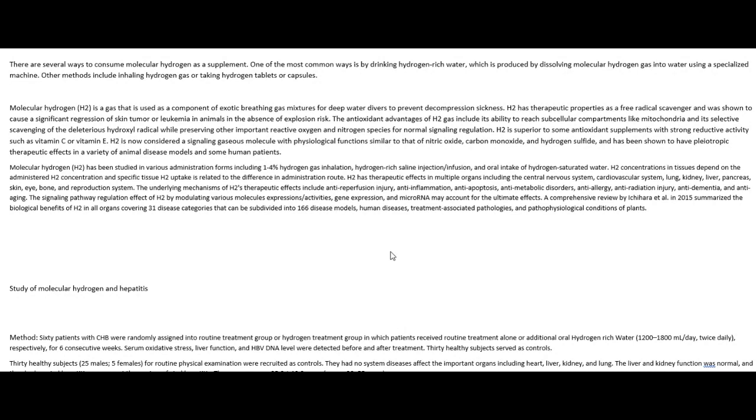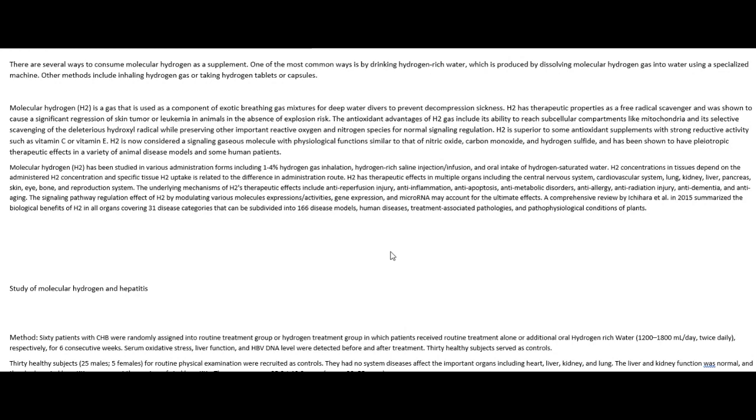Molecular hydrogen has been studied in various administration forms, including 1 to 4 percent hydrogen gas inhalation, hydrogen-rich saline injection or infusion, and oral intake of hydrogen-saturated water.